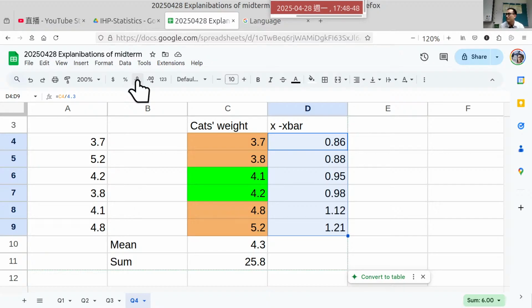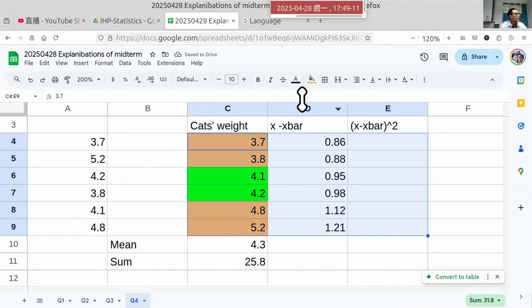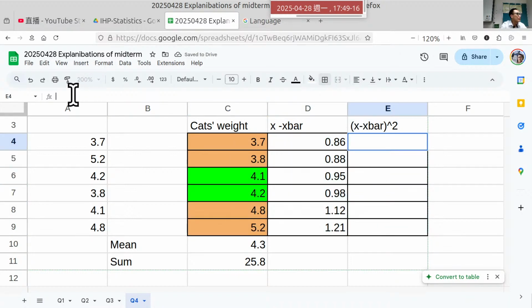Okay, so far any question? Okay, and next, how about the square of x minus x bar? Very easy. Click here and move to the function, equals this one, and square.